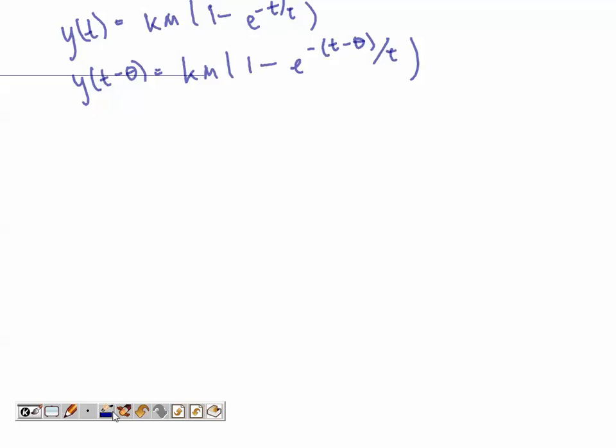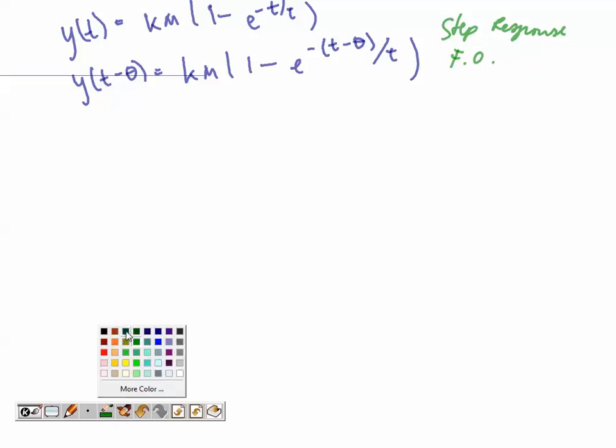Okay, so this is the step response for a first order process. Another example, step response, we just studied, but second order with numerator dynamic.